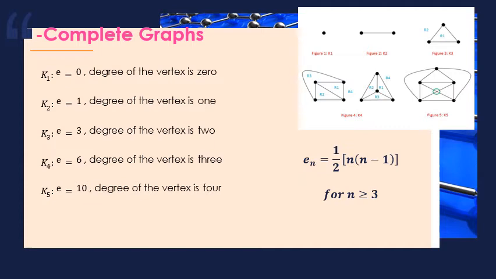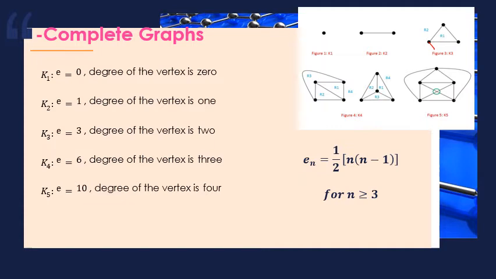Next, for the third figure, how many lines are there in all? We have three lines, so three edges in all. Then the degree of the vertex is how many lines are connected to each vertex. For example, at each vertex, two lines are connected, so the degree of the vertex is 2.